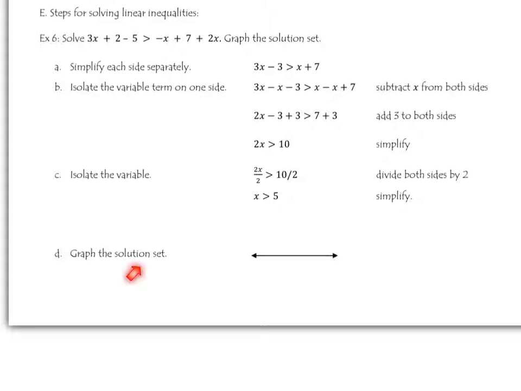And then we're going to graph the solution set, which in this case is x is greater than 5, so we find 5. We know that x, I'll use blue for this, x goes off to the right, it's greater than, and it does not include 5, so we include a parenthesis. And then to write our interval, we look at our number line and write parenthesis 5, infinity, parenthesis.